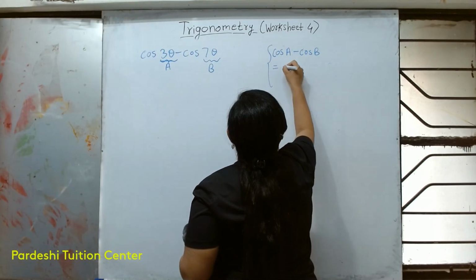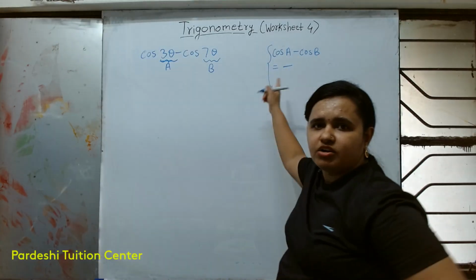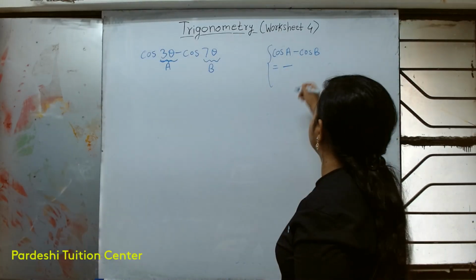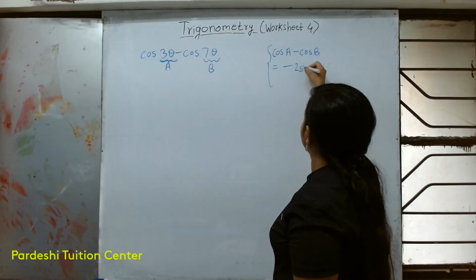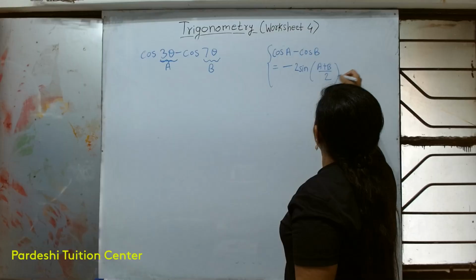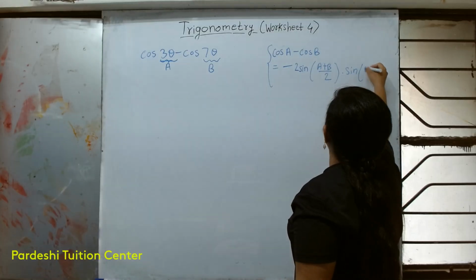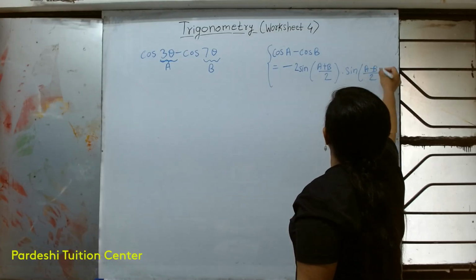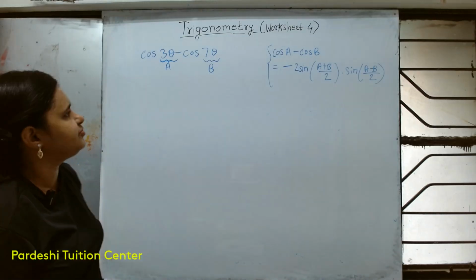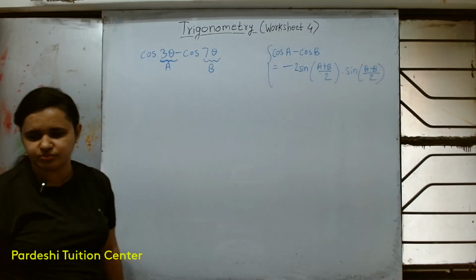It was minus. Okay, remember always minus. In the formula for cos A minus cos B, it is always minus 2 sin of (A plus B) by 2 into sin of (A minus B) by 2.